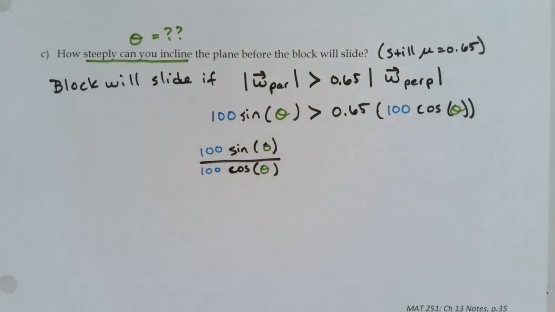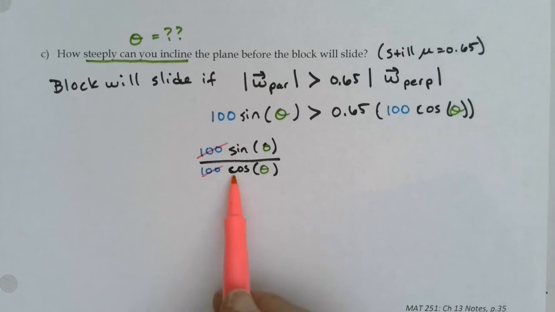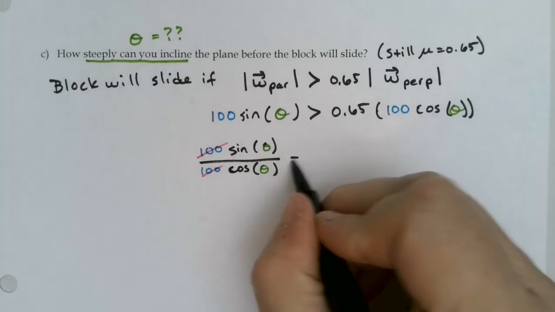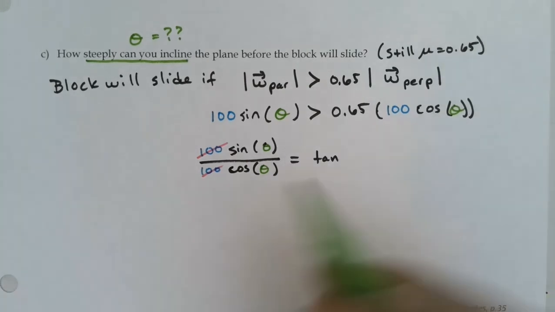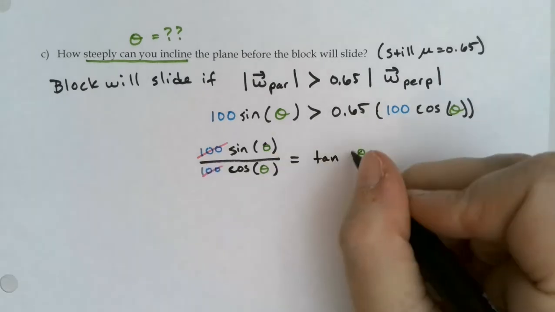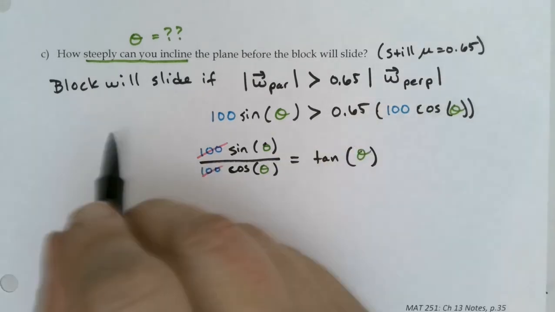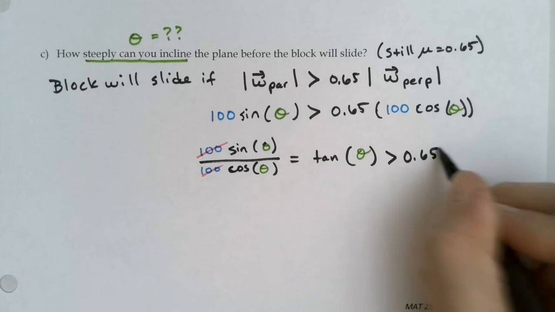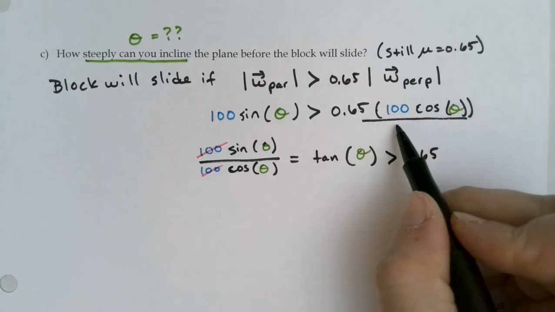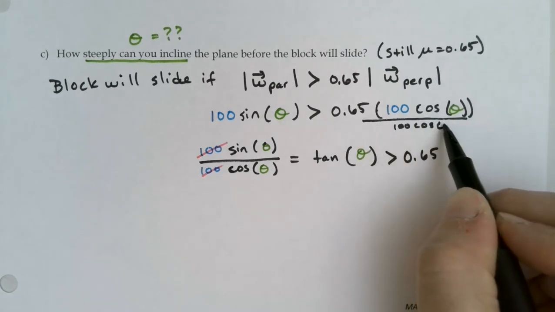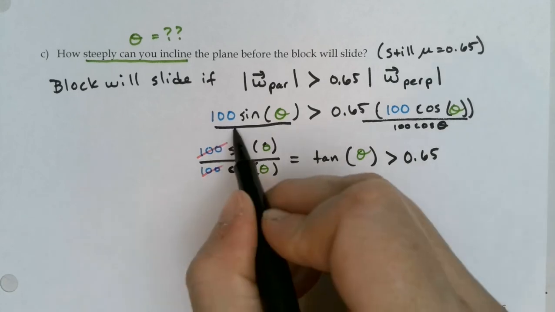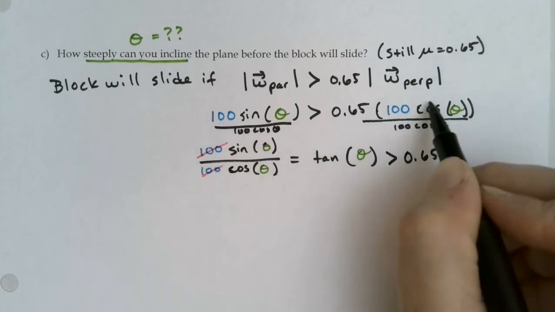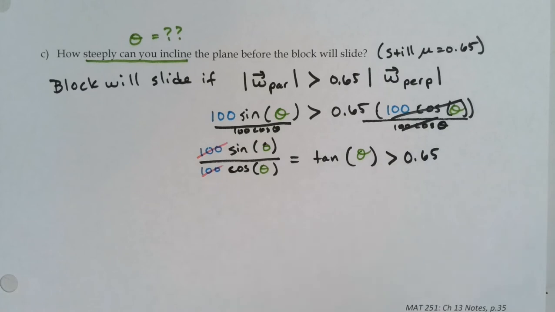Obviously the hundreds cancel, since 100 divided by 100 is 1, and sine divided by cosine is the tangent. So the tangent of theta has got to be greater than 0.65, because that's all that's left on that side when I divide both sides by 100 cosine of theta.